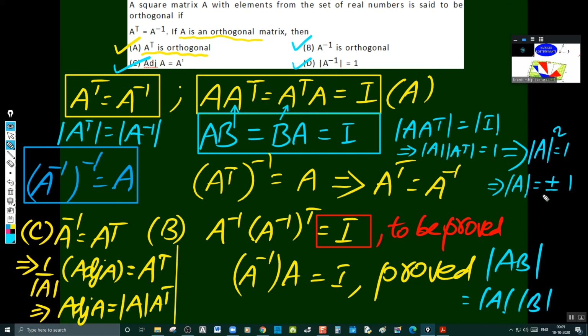But if we take minus also, you will get adjoint A is equal to minus A transpose. Det of A inverse is equal to minus 1. That means two more answers you can get. But B and D, C and D are also correct. Are you with me what I'm saying? Yes sir. Yeah, let me check the answer anyway. Just a moment.